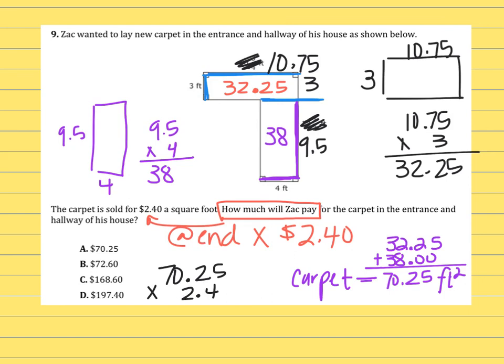I'm just going to say 2.4 because it's still going to get me the same answer. Okay, when I multiplied that out, it's going to be $168.60, which then tells us that C is the correct answer.